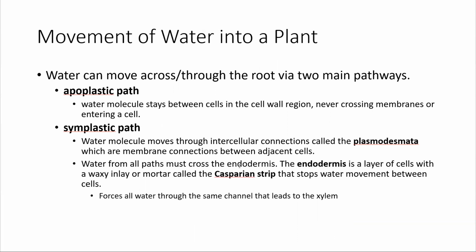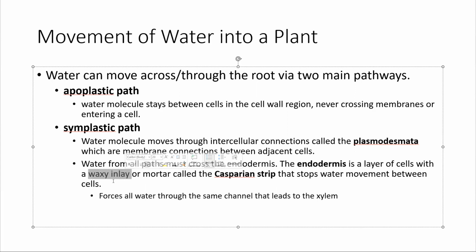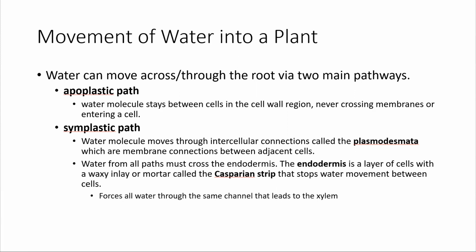Water from all paths must cross the endodermis. The endodermis is a layer of cells with a waxy inlay of mortar called the Casparian strip. The waxy inlay is the suberin layer, and that stops water movement between cells and forces all water through the same channel that leads to the xylem.